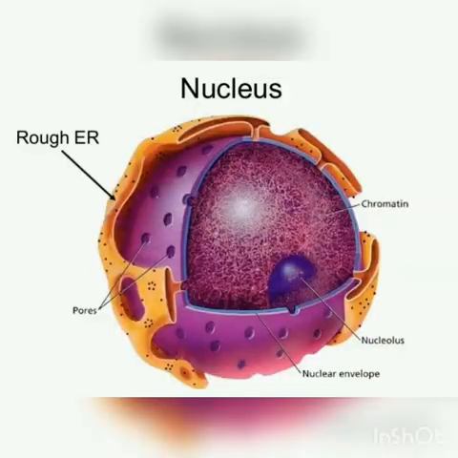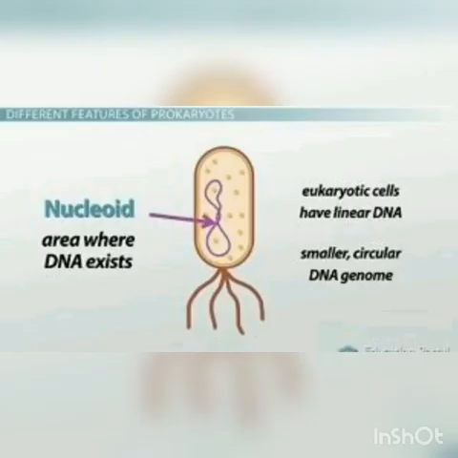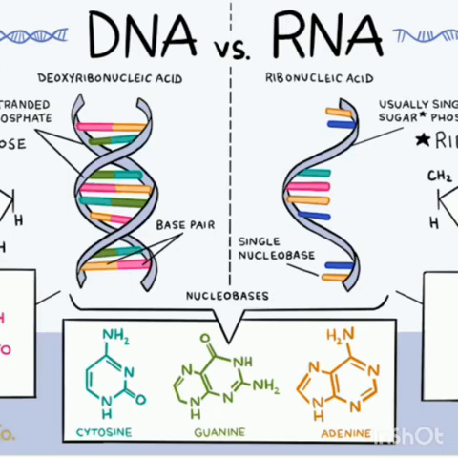This DNA is found in the nucleus of eukaryotes and the nucleoid of prokaryotes. The only difference between these two sugars is that there is one oxygen atom less in deoxyribose. This is the difference between the DNA and RNA.